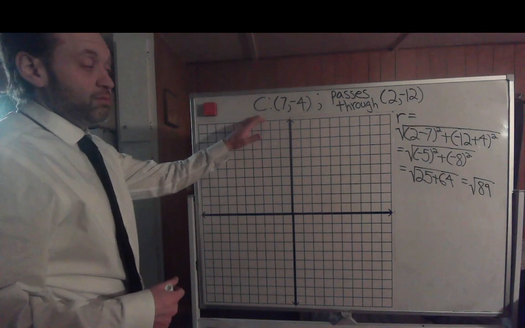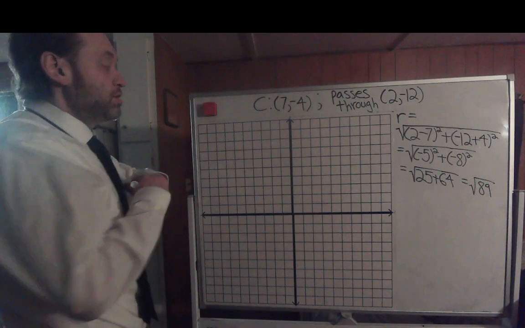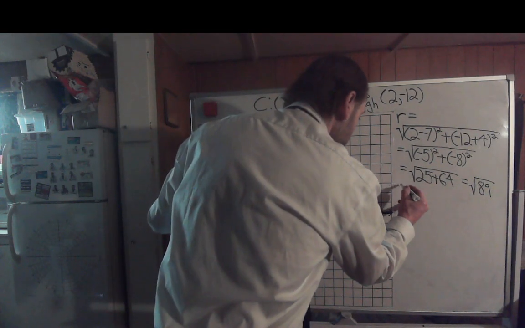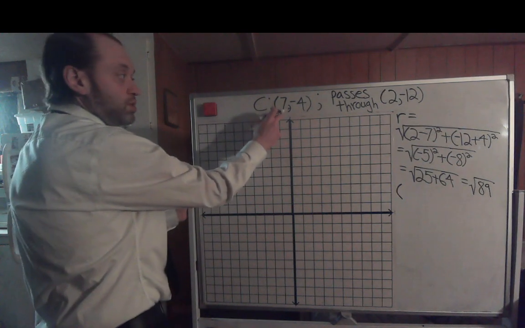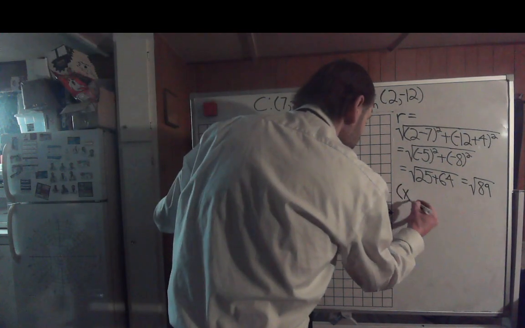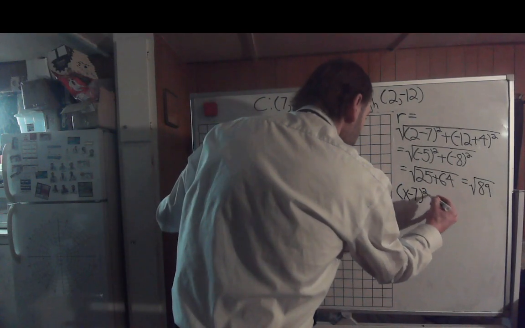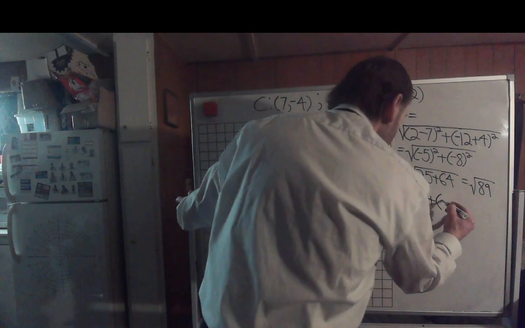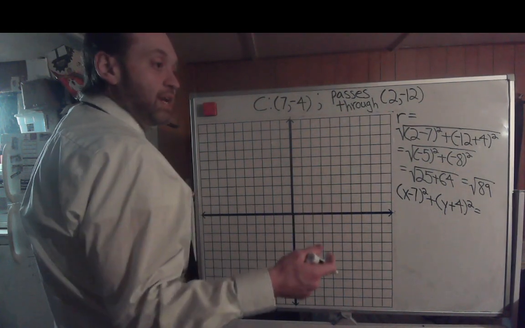So now to form your equation, take your x minus your x coordinate of 7, so this would be x minus 7 squared, plus, now take your y minus your -4, that would actually turn into y plus 4, that quantity squared, equals your radius of the square root of 89 squared, which would just be 89.